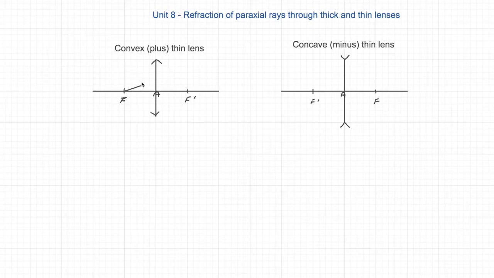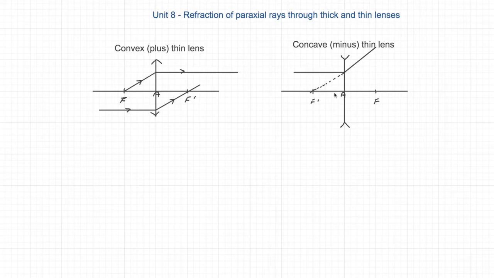Now, we're going to talk about thin lenses now. On the left is a thin convex lens with arrowheads on each end. On the right is a thin concave lens with inverted arrowheads on each side. Capital F is a primary focal point, and F prime is the secondary focal point. When you send a ray parallel to the optical axis to the lens, its refracted ray goes through F prime, the secondary focal point.